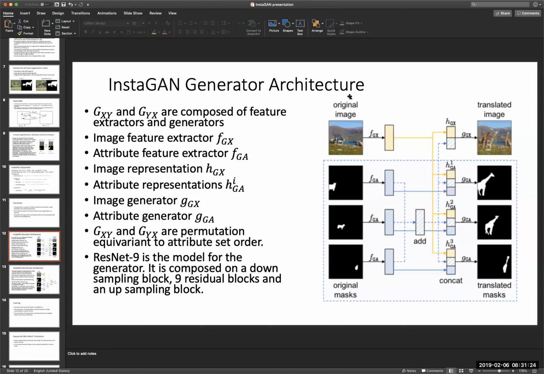So in the diagram, this left column represents the input domain, and the rightmost column represents, say, the output domain. And as before, part of the domain is just images, and then we've augmented them with masks. So we have 3 targets represented by these masks.